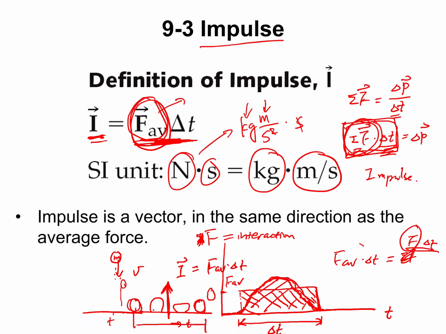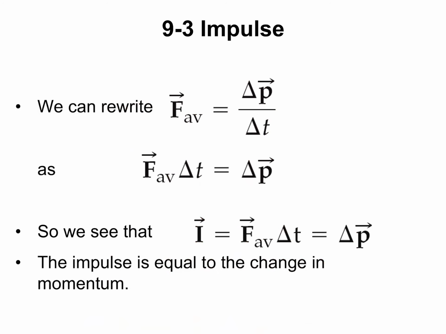You have to find the average force to represent this variable force, and then average force times time, okay? By the way, we know that when the tennis ball hits the ground, the interaction time is very short, maybe only 0.2 seconds, okay? That's the meaning of impulse.